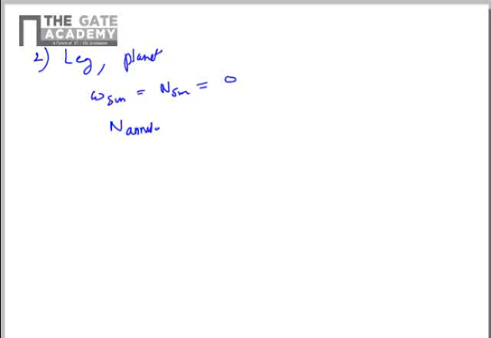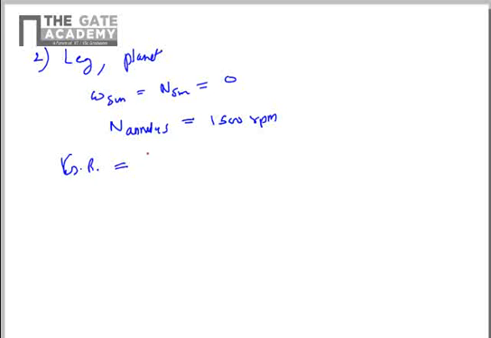In the second part of the question, the angular speed of the leg and planet is asked, and the sun is fixed. So omega sun or n sun will be equal to 0, and the rotational speed of the annulus is given. That is equal to 1500 rpm. So we'll go about solving this problem from our traditional method of finding the gear ratio, or the velocity ratio, first.